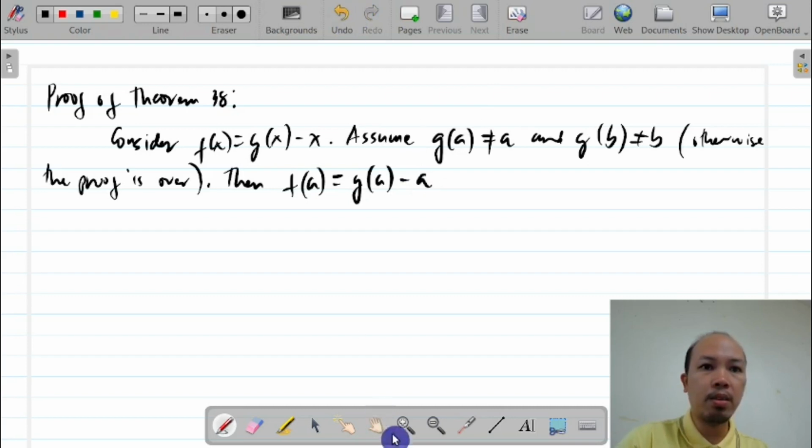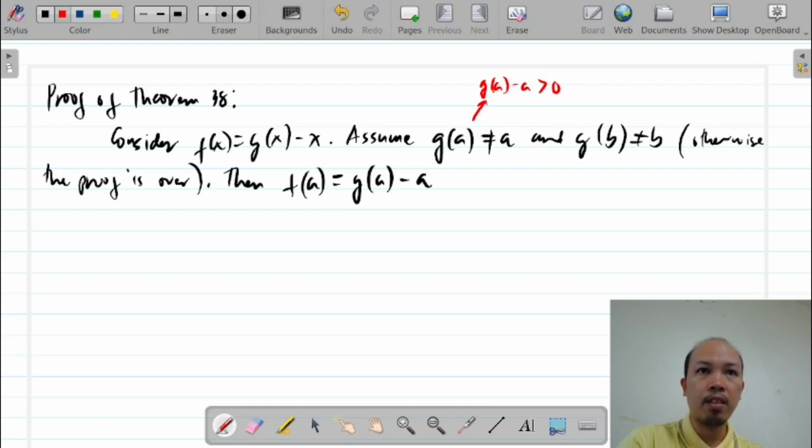Replace x by a in the given. Notice also that a and b are endpoints of the interval. Notice that if g of a is not equal to a, this may happen. This implies that g of a minus a is greater than 0.